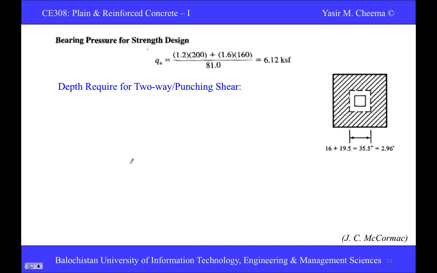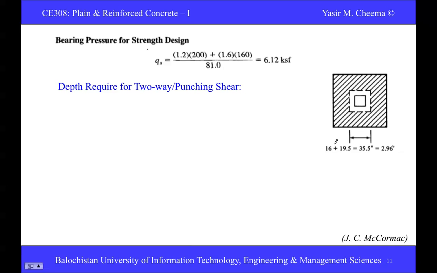We will determine the depth for two-way punching shear, and similarly for one-way shear. For a square column footing, two-way punching shear controls, and for rectangular footings the one-way shear or beam shear controls.